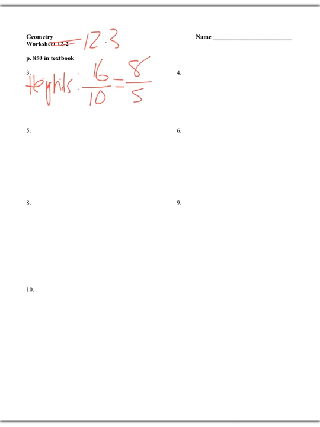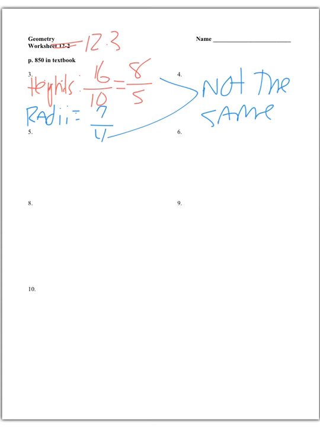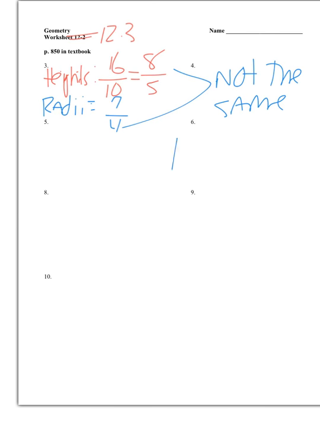Then we're going to look at the radii, and the radii is 7 to 4. These two are not the same, so the two cylinders are not similar.